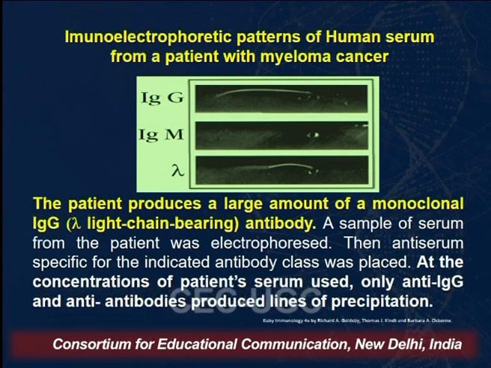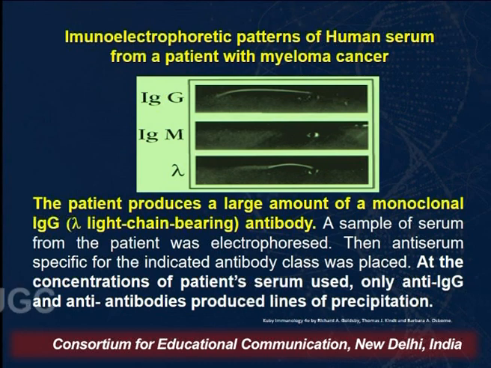Over a period of time, diffusion took place. At the concentration of the patient serum used, the anti-IgG and the antibody produce a line of precipitation.